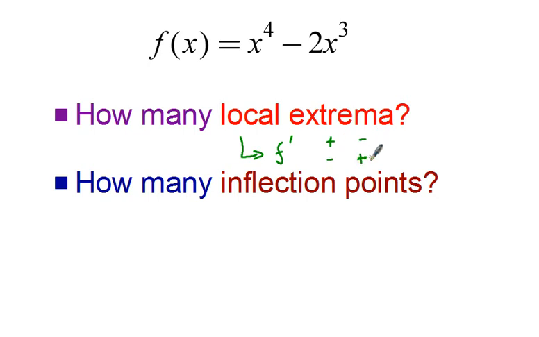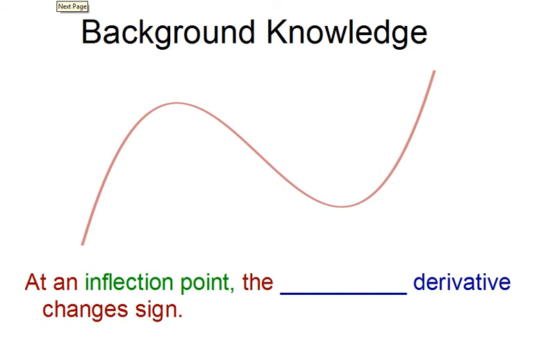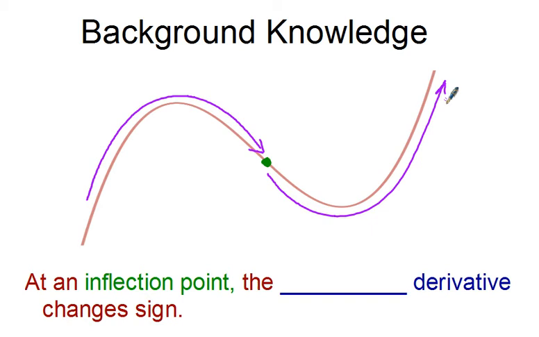Let's discuss inflection points next. A point of inflection occurs where the bending changes. In this case, it's bending down up to the inflection point, and it's bending up away from the inflection point.